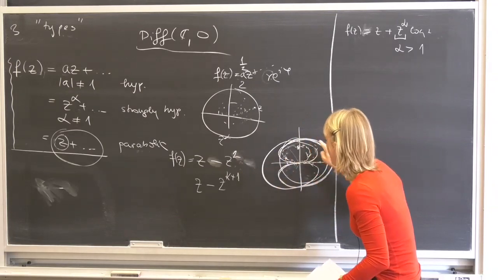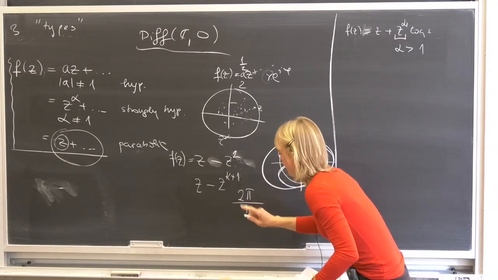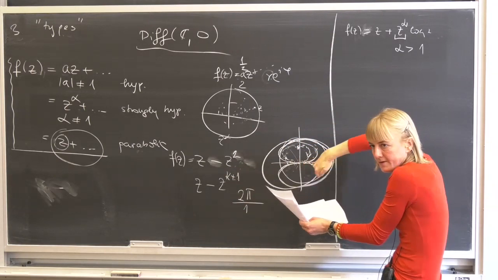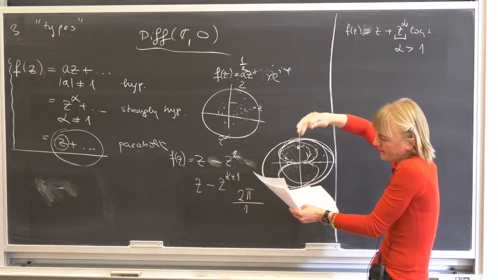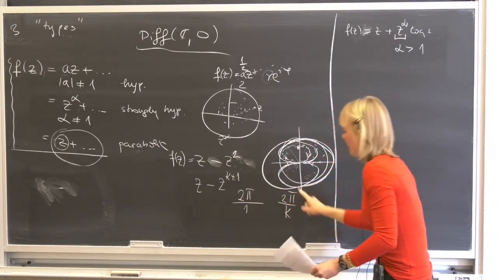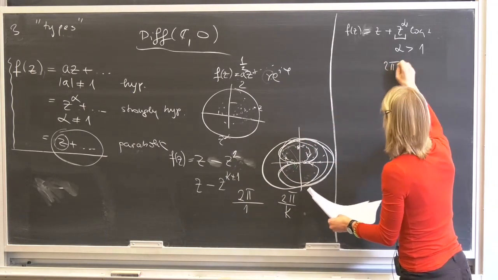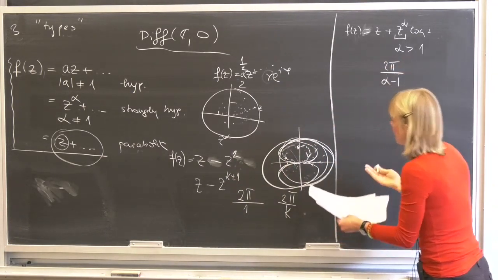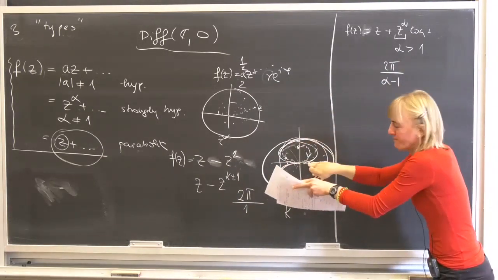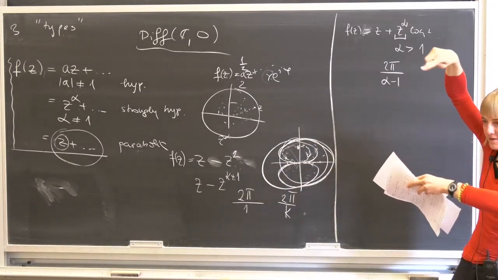We will have petals of opening 2 pi over 1. For K plus 1, we will have smaller petals, a lot of them, smaller ones intersecting, attracting, repelling of this opening. So here, similarly, we will have petals of opening alpha minus 1, but since this is defined on a Riemann surface of the logarithm, they will not come back and clash together, but they will somehow circle.